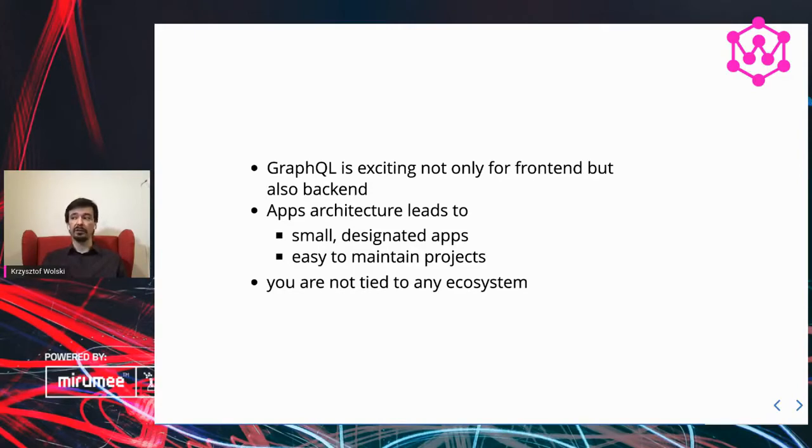And you're not tied to any ecosystem. Choose any language you like, even the most obscure ones. Choose whatever platform you would like to deploy. There's no difference for us. We can handle everyone.